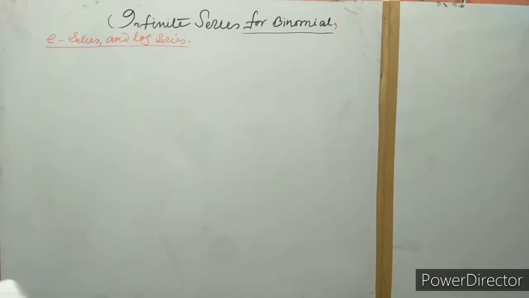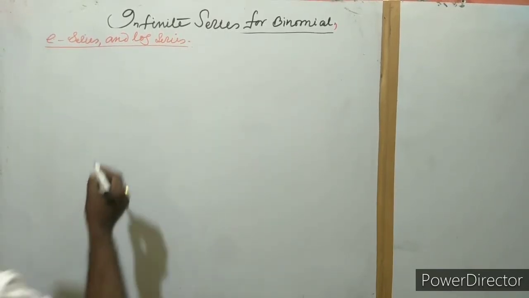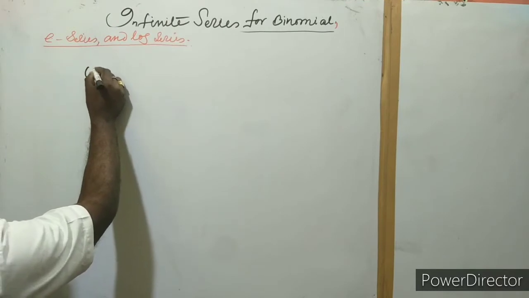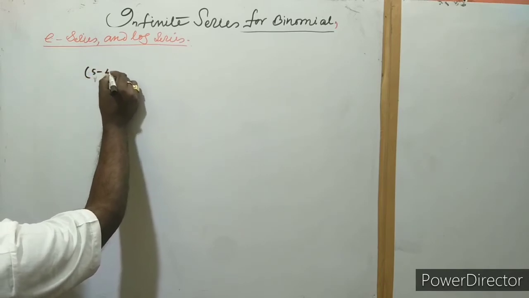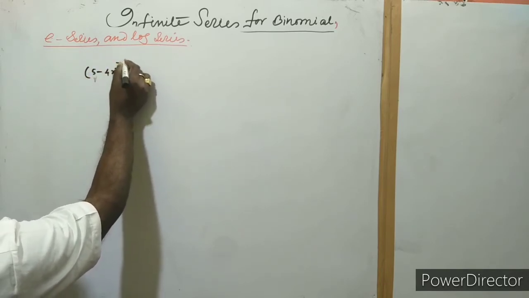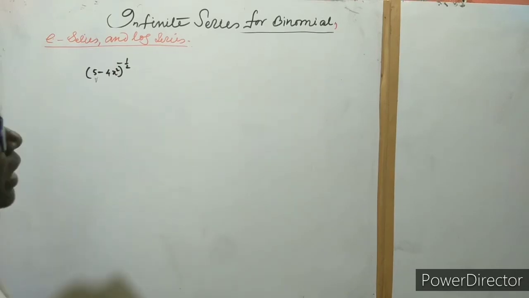that is 5 minus 4x square, and whole to the power minus half. In what condition would this expansion be expandable, and find the domain of x.